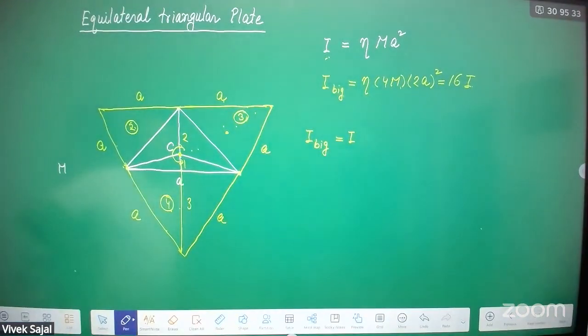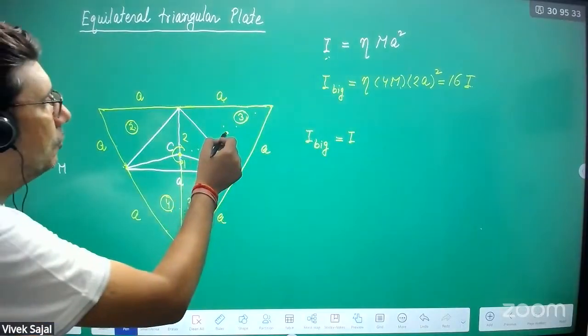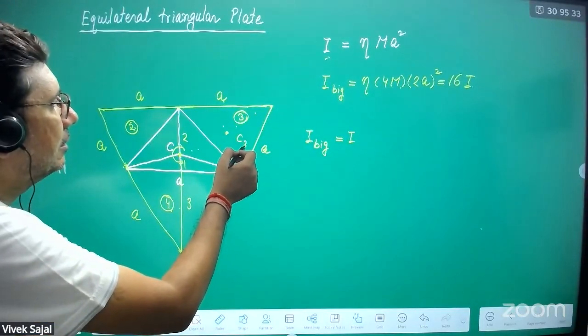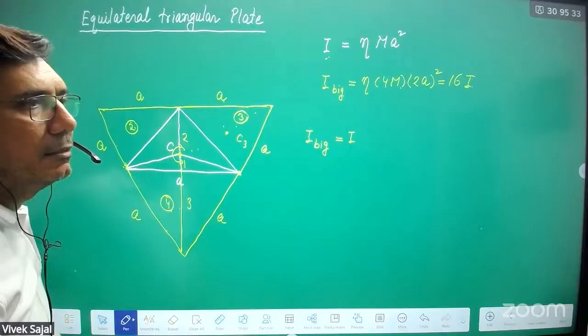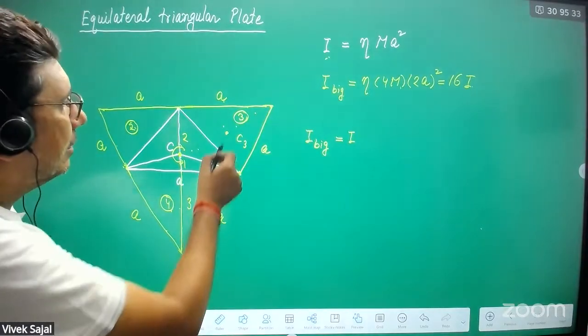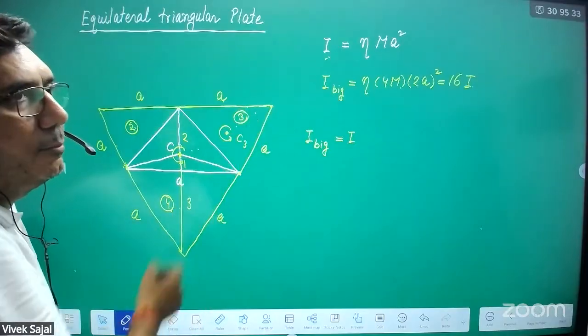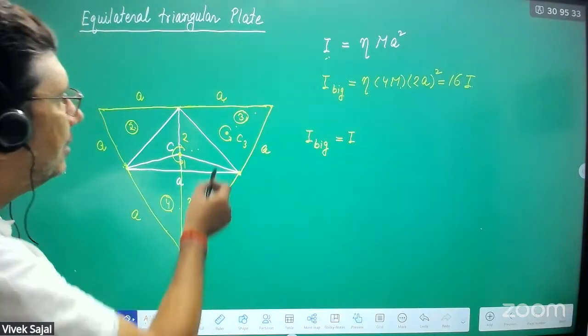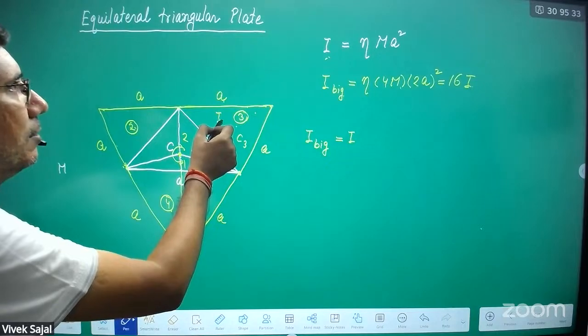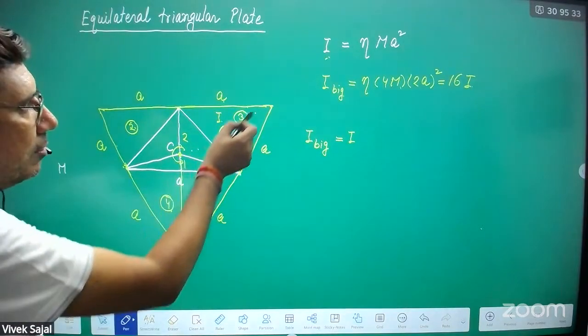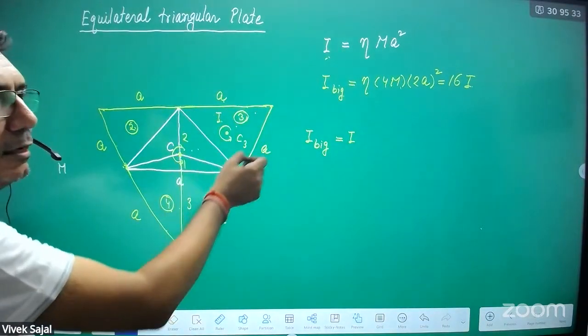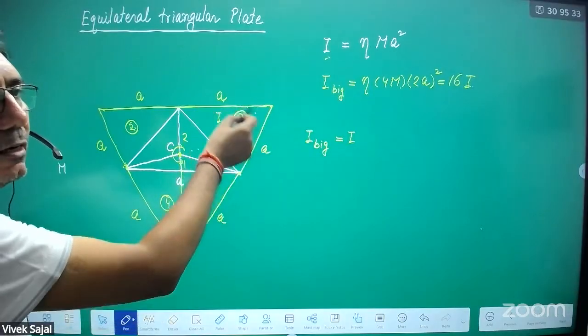This is the C point. You can say this is C3. If you rotate about this, it will be simply eta ma square. कितना होगा ये? I के equal होगा.